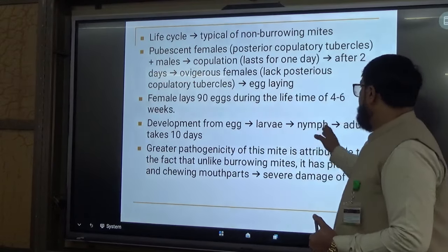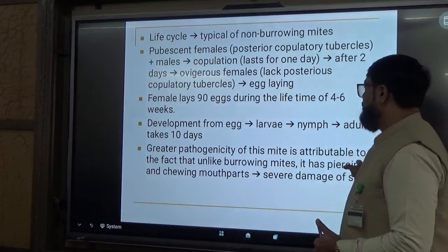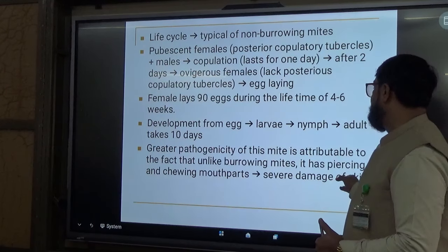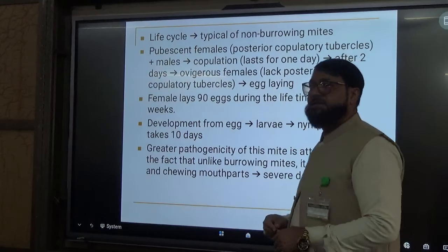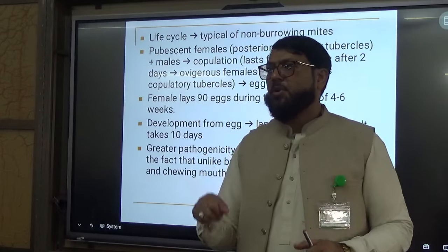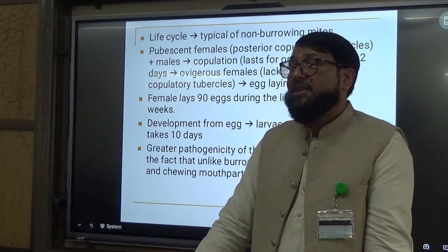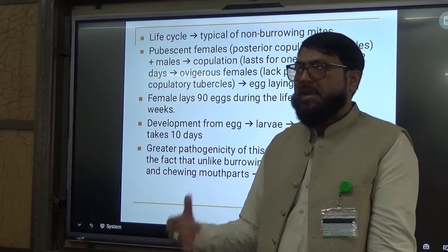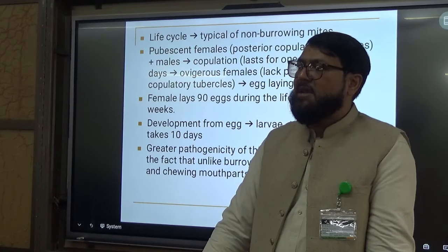Development from egg, larva, nymph and adults takes around 10 days. The greater pathogenicity of this mite is attributable to the fact that, unlike burrowing mites, it has piercing and chewing kind of mouth parts which cause severe damage. The burrowing mites just burrow with the help of their proteolytic enzymes. They do not have very sharp mouth parts. But here they are not making tunnels, they are not burrowing inside the skin.